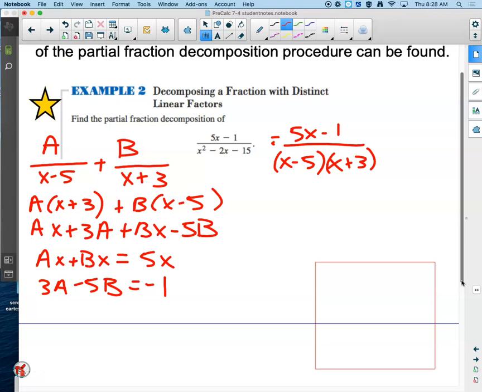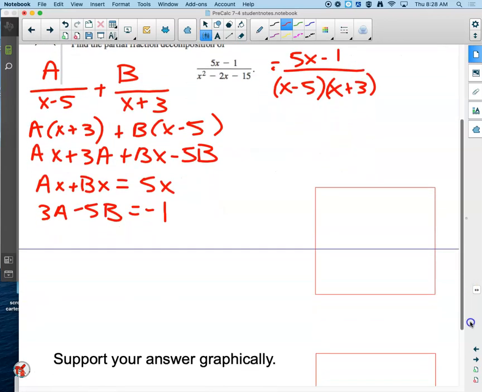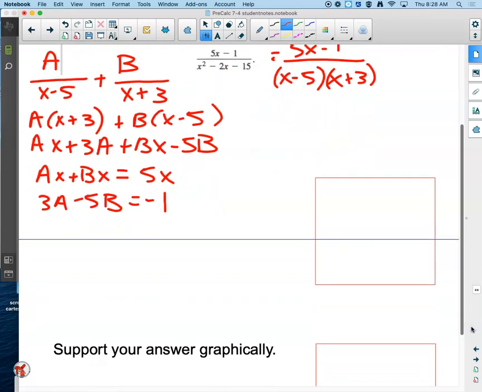Now, we've been talking about matrices, and we could certainly set these up as matrices and say, what I really care about is that a plus b equals 5x. I don't need the x's. What I need is 1a and 1b to come out to be 5.